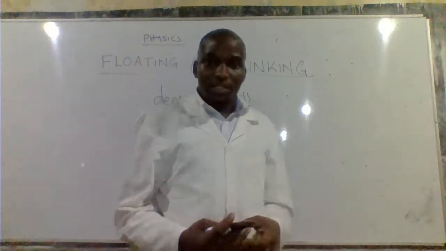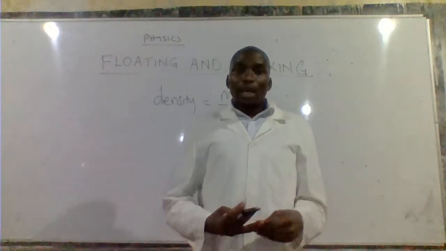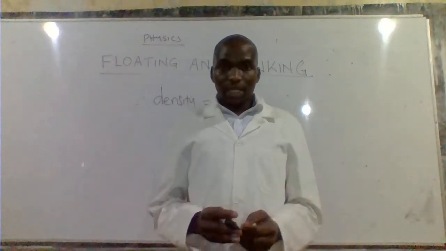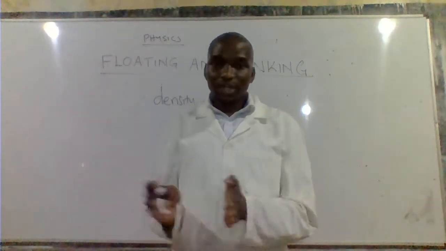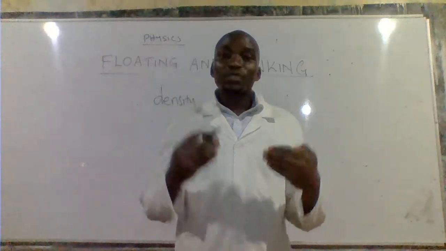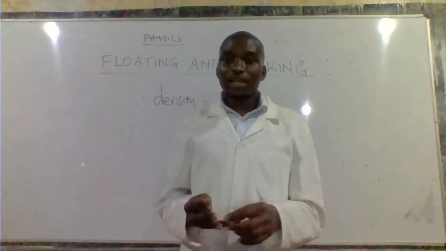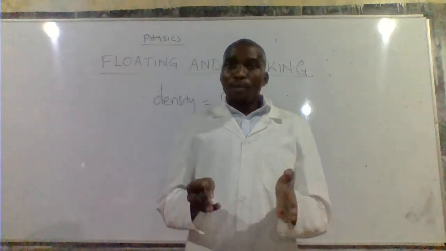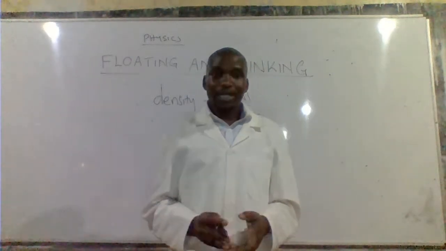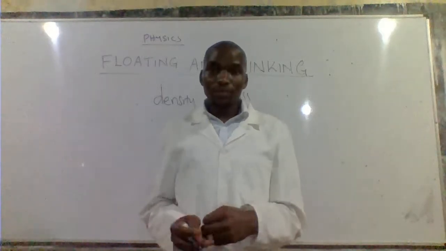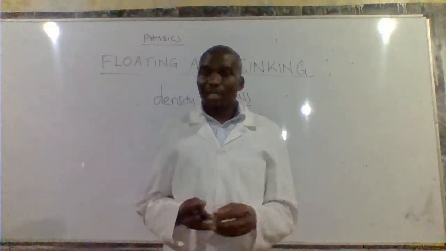Now, this explains the reason why bodies like ships are going to float in water, and more specifically seawater, when they themselves are made up of materials that are denser than water. Most of the body parts of ships are made up of steel and some other metallic materials which are far denser than water.